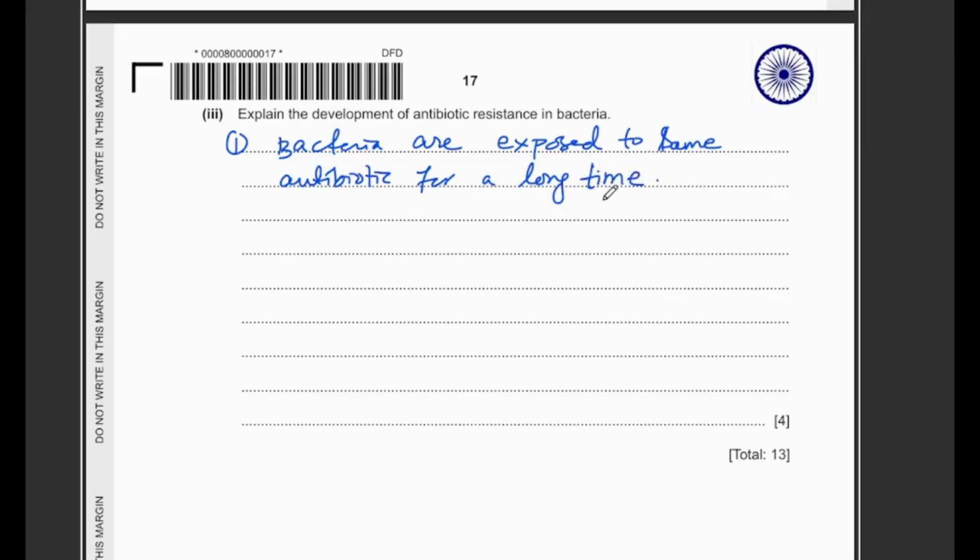If they are exposed for a long time, they become resistant. How? Mutations, remember: they become resistant due to mutation.